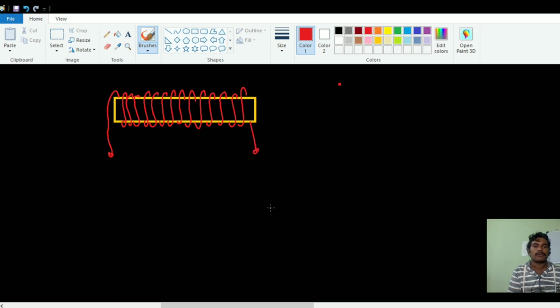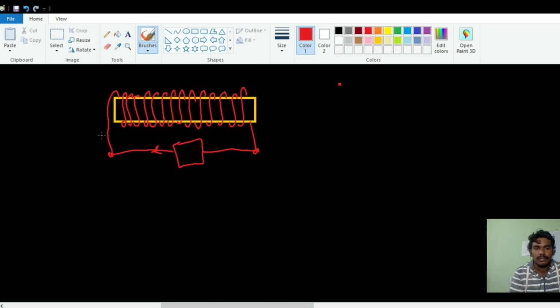When you make a winding around a magnetic material like this and connect it to some source, and you pass some current through it, then it will become a magnet.